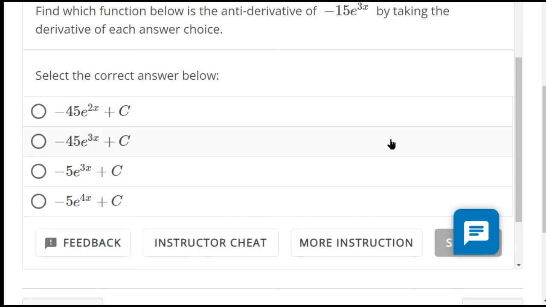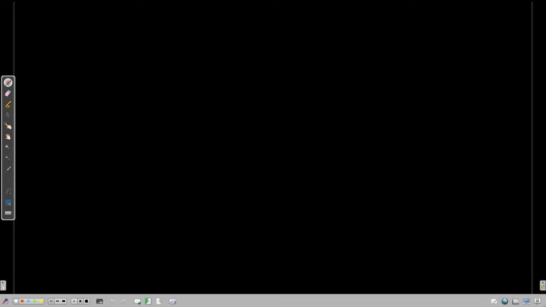Which function is the antiderivative of this thing? Okay. Well, how about this guy? Minus 5 e to the 3x.